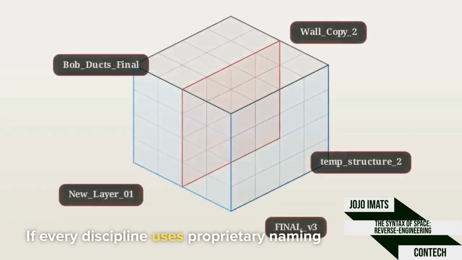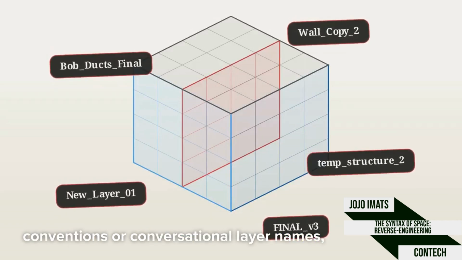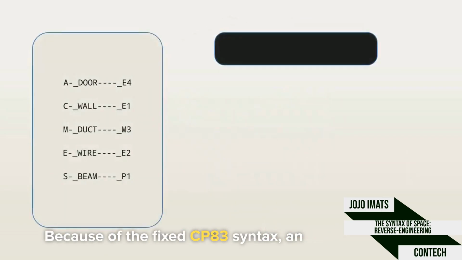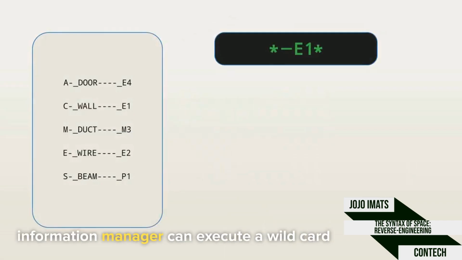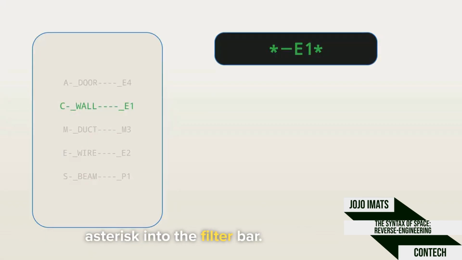If every discipline uses proprietary naming conventions or conversational layer names, isolating a specific view of the building is computationally impossible. Because of the fixed CP83 syntax, an information manager can execute a wildcard search by typing *_E1* into the filter bar.